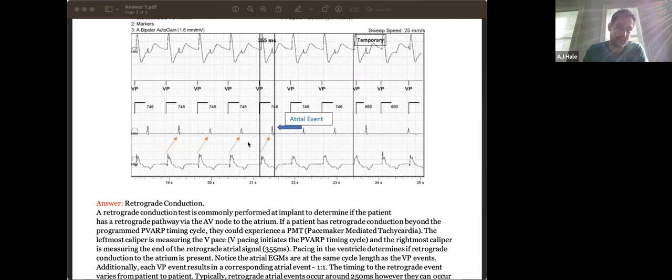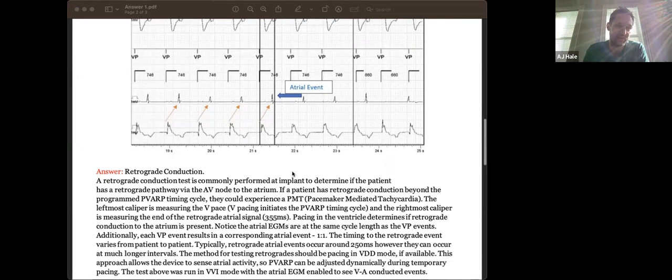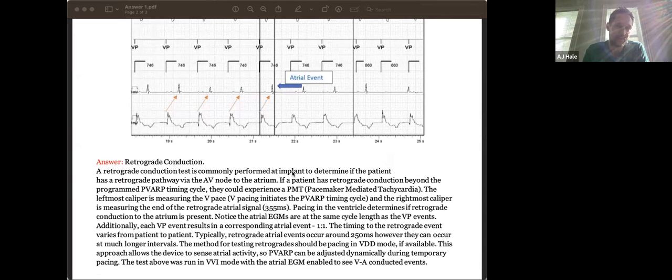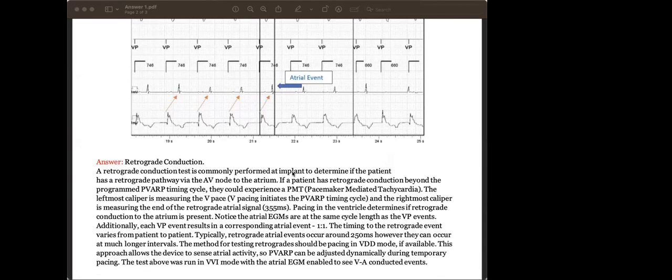Obviously, per our last conversation, you can have decremental properties to retrograde, but if you're seeing the retrograde not associated with a certain ventricular rate, that indicates either there's some sort of block or it's not true atrial retrograde conduction. Does that make sense for everyone? Absolutely. Yes, it does.